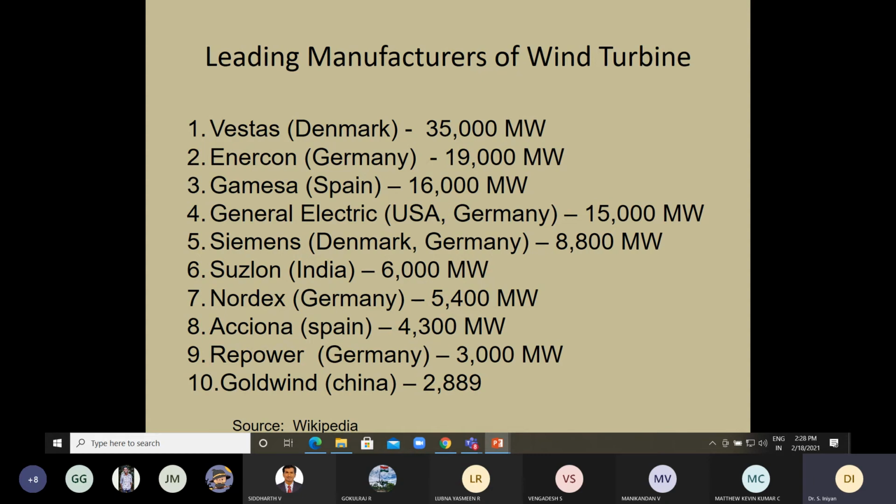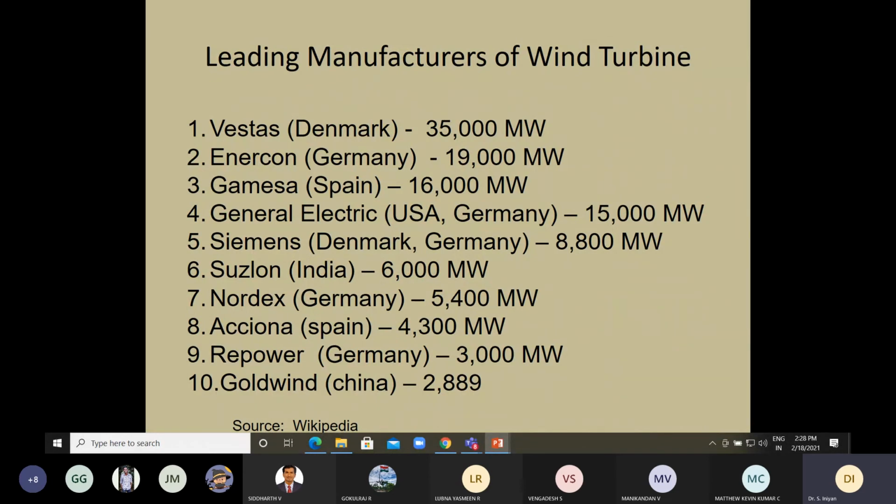Gamesa is a Spanish company which manufactures wind turbines, and they are able to produce 16,000 megawatt. So it is among the top 10 manufacturers in the country for wind turbines, right?